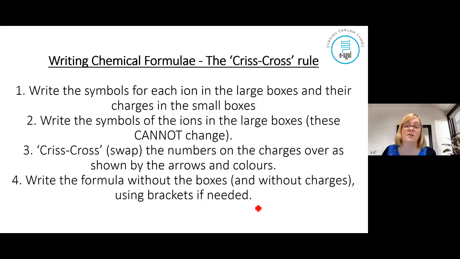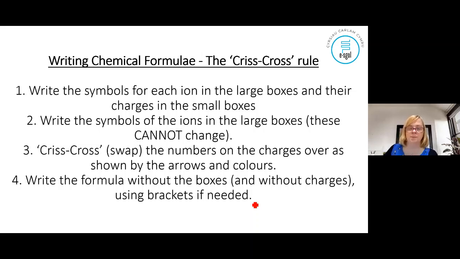First, you write the symbol for each ion in the large boxes, and then you write the symbols and the charges in the smaller ones. Then you criss-cross the numbers over, following the arrows as you go. There will be instances where you will potentially need to use brackets, but I will go through that when we get to such an example, and hopefully it will become clearer as we work our way through them.